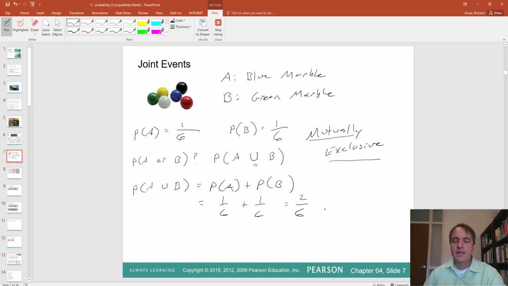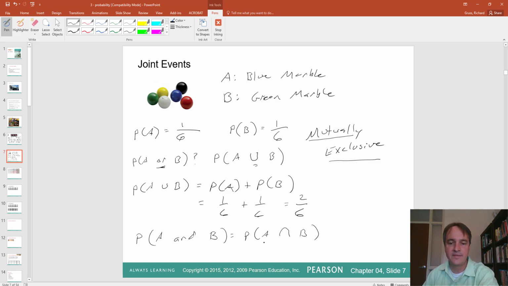Okay, so to make it a little bit more formal, what does it mean to be mutually exclusive? Well, in addition to asking about probability of A or B, we can ask about the probability of A and B. And another notation for this is probability of A intersect B. So in set notation, this means intersect.